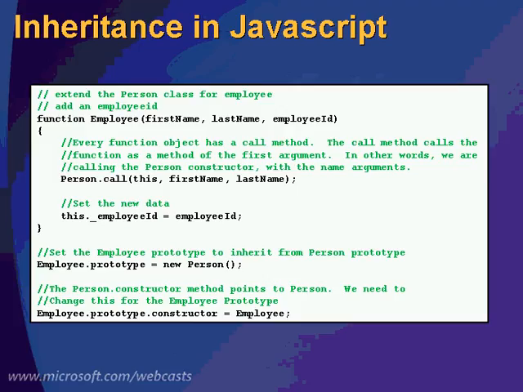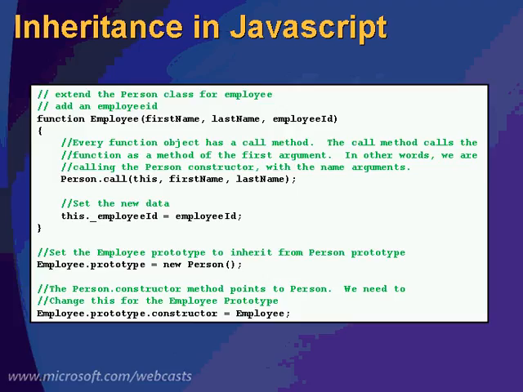And so inside of person.call, this is where it gets a little bit complex and where you'll probably want to watch the recording here and play with this a little bit. What you need to understand is that every function object inside of JavaScript has this call method. And what it allows you to do is to call the function as a method of the first passed in argument.